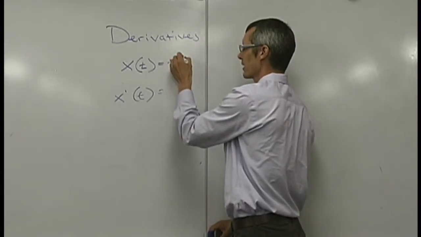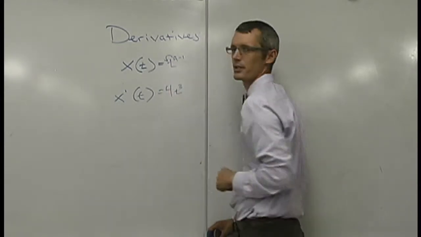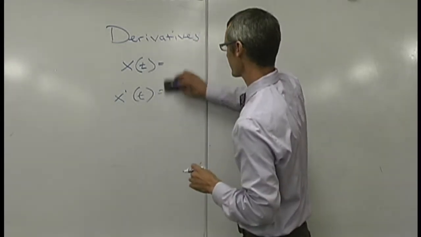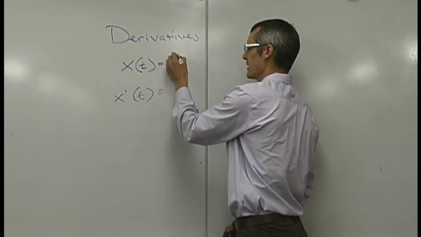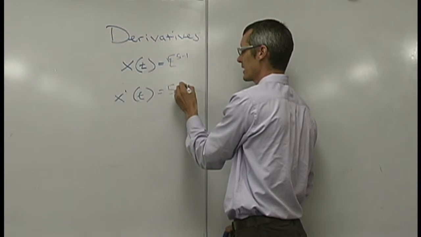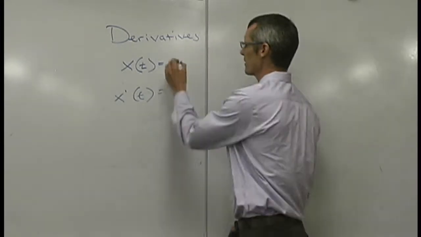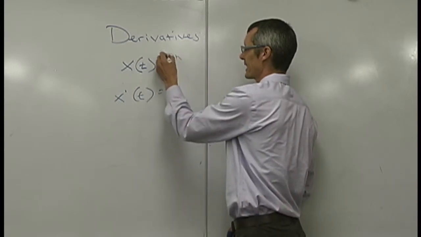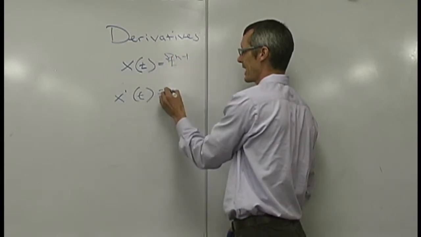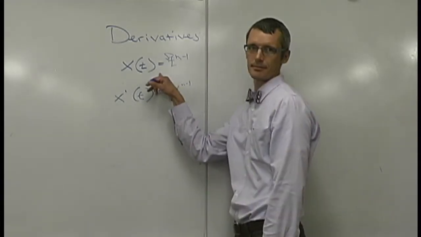T to the 4th, move the 4 down here, subtract 1, and I get 4t cubed. T to the 5th, move the 5 down here, subtract 1, and I get 5t to the 4th. In fact, for any t to the n, I take the n, move it down there, subtract 1, and I get n t to the n minus 1 as the first derivative.